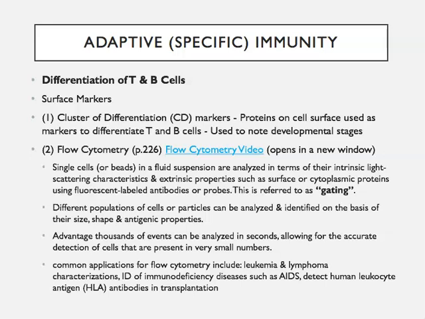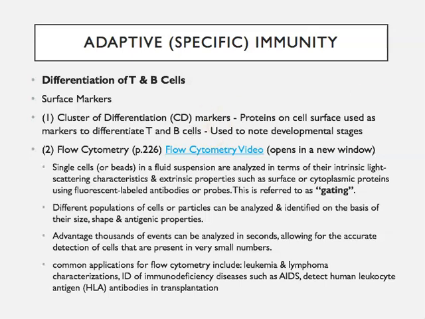Okay, differentiation of T and B cells. Surface markers are cluster of differentiation markers, those CD4, CD8 that we were talking about before. That's what that CD refers to, cluster of differentiation.